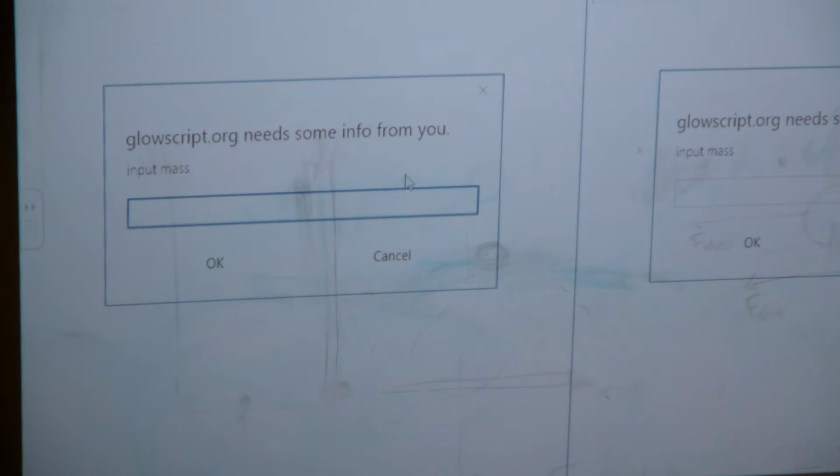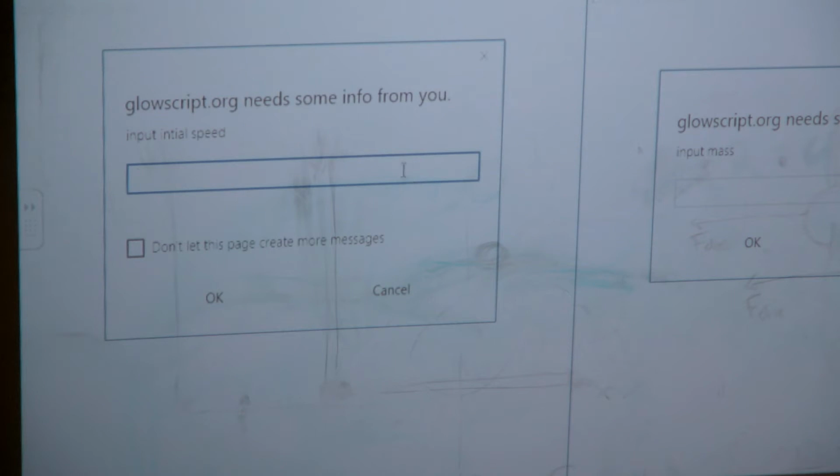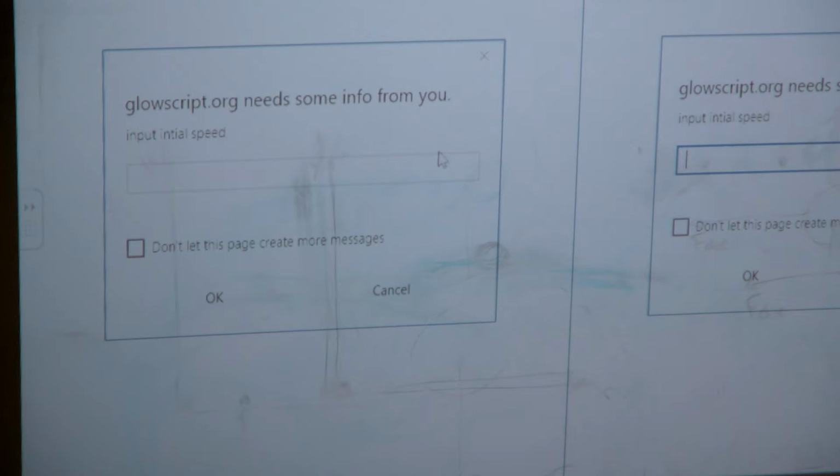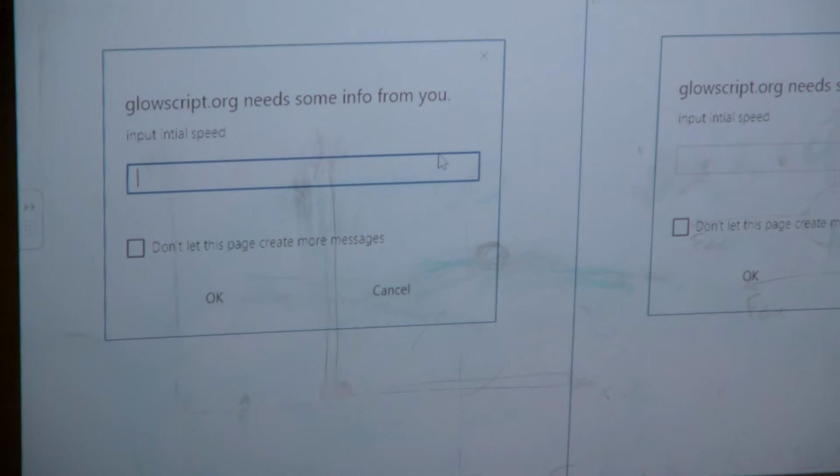Both of them are going to have a mass of 6.2 kilograms. They're going to have an initial speed of 41.2 meters per second.